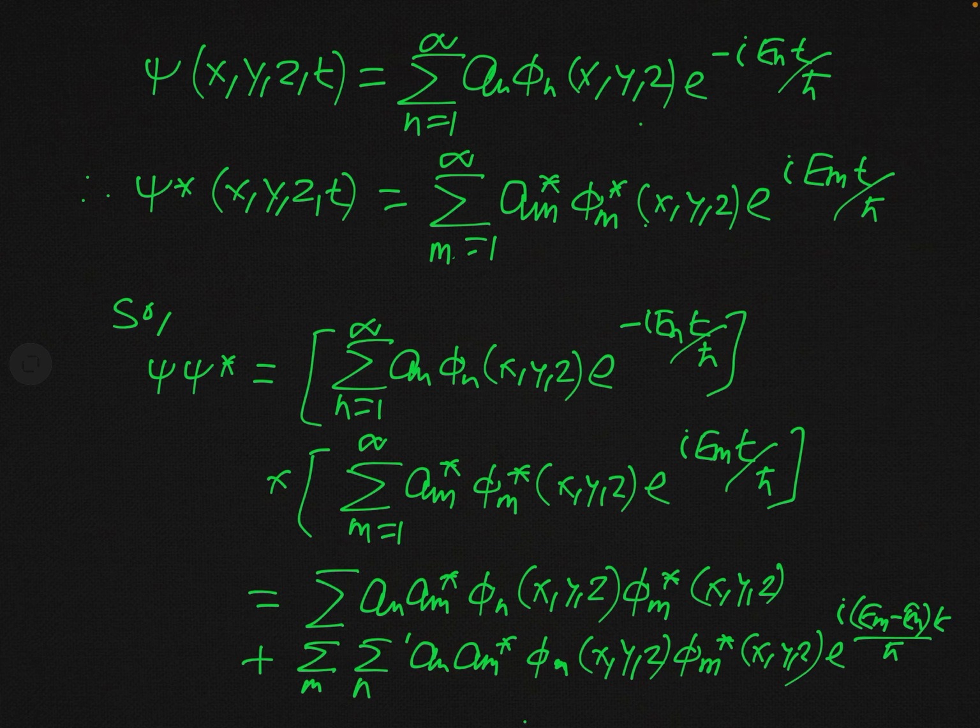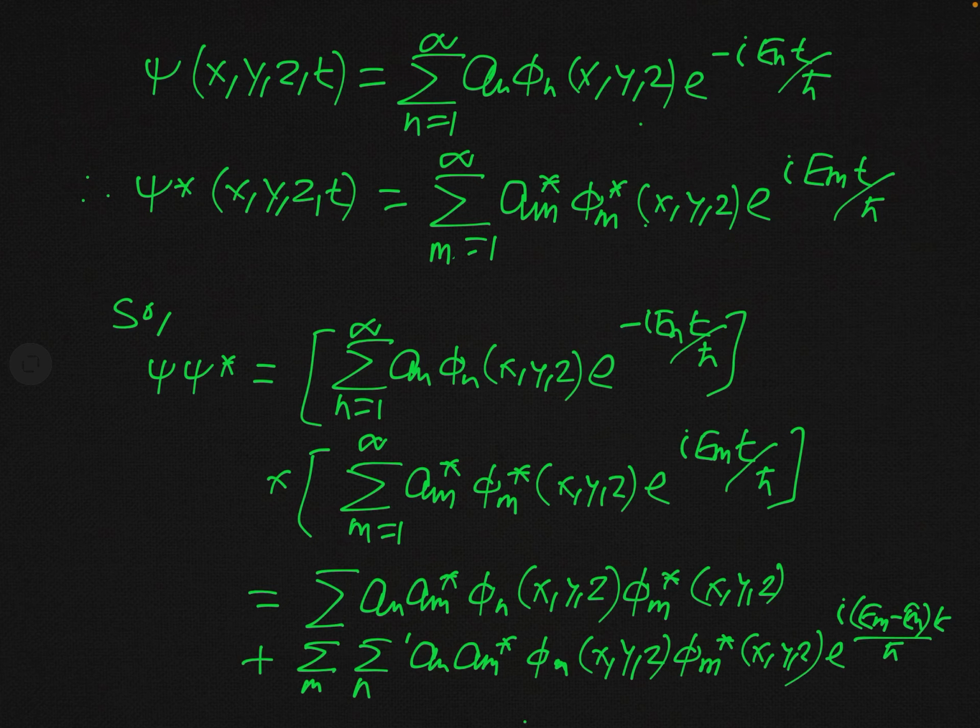And you know that time enters in the probability function psi times psi star, and hence psi expressed by the Schrodinger equation in this general form is not a stationary state solution.